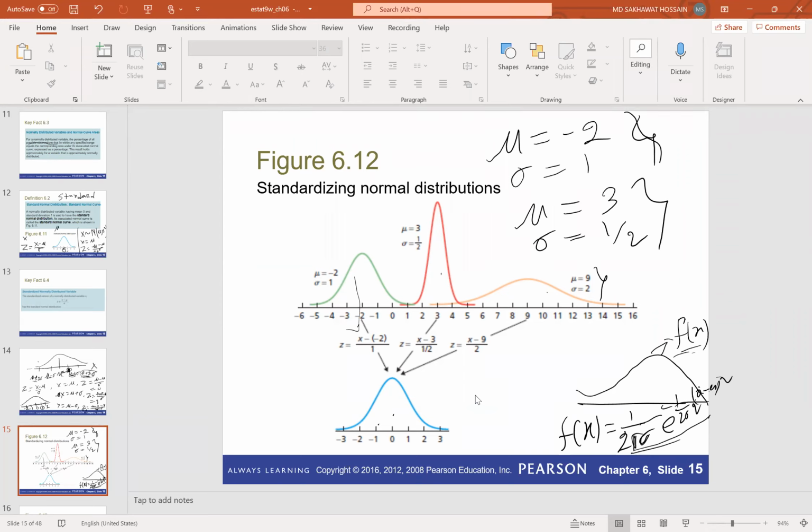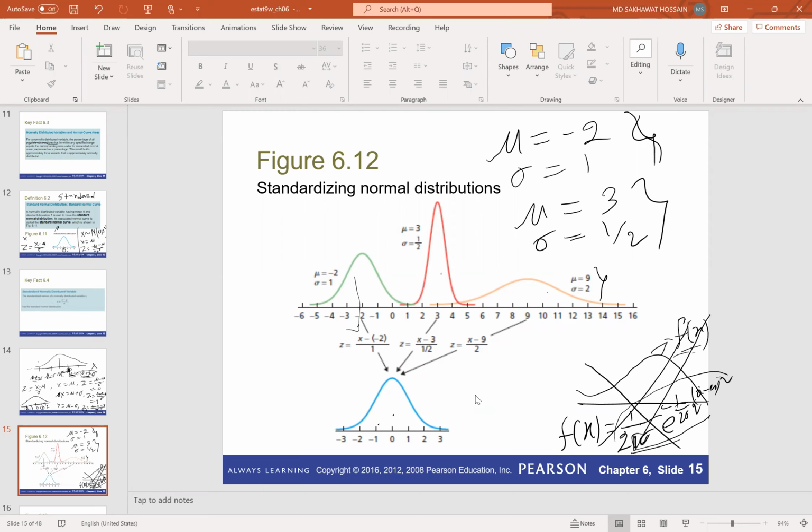If you have already taken a calculus class, then you know how to find the area under a curve for a specific function, right? You have to use the integral. So this is a very complex function, an exponential with power minus 1 over 2 sigma squared times x minus mu squared. If you want to integrate this every time, it's very time consuming, and sometimes you will not be able to integrate it.